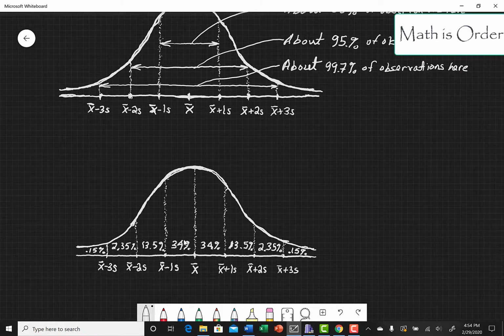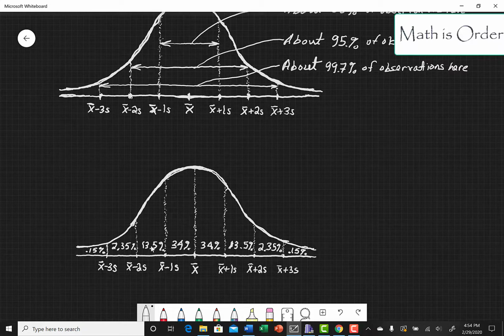Within one standard deviation of the mean, there's 34% on this side and 34% on this side. And because 95% of the observations lie within two standard deviations of the mean, 13.5% must be here, and 13.5% must be here.